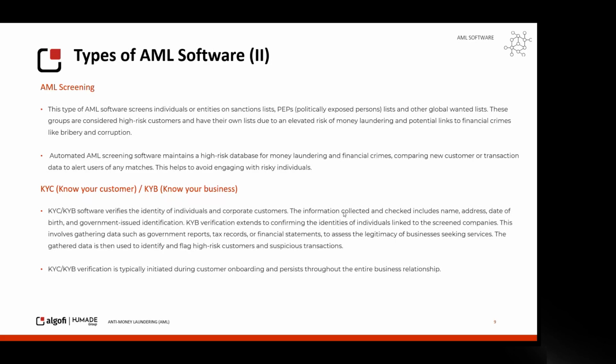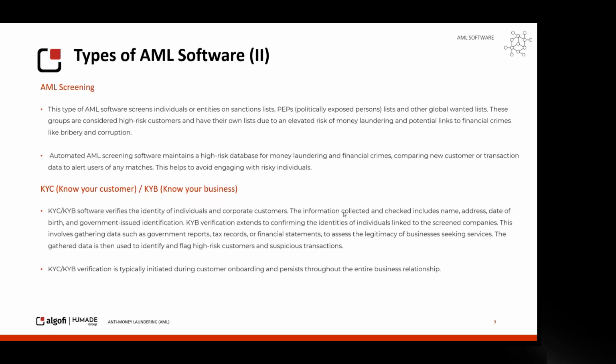KYC, KYB. KYC, also known as Know Your Customer, and KYB, Know Your Business. KYC, KYB software verifies the identity of individuals and corporate customers. The information collected and checked includes name, address, date of birth, and government-issued identification. KYB verification extends to confirming the identities of individuals linked to the screened companies.